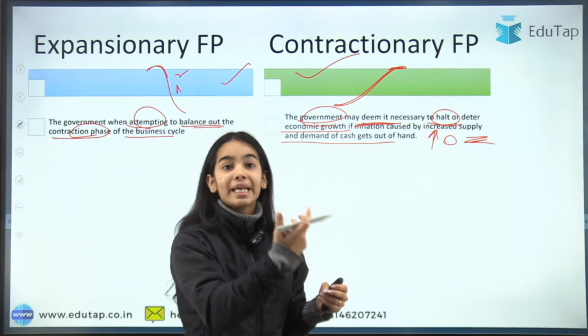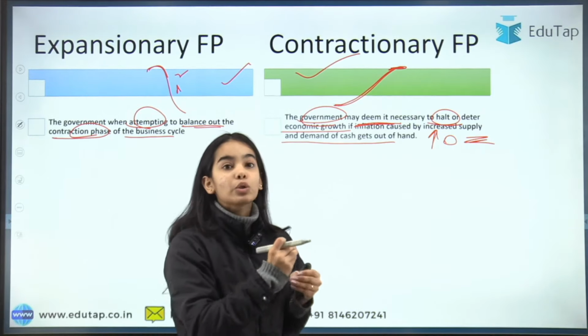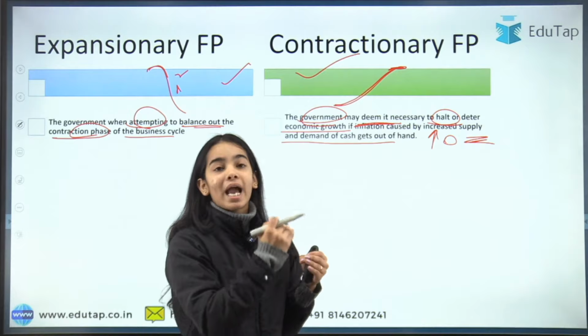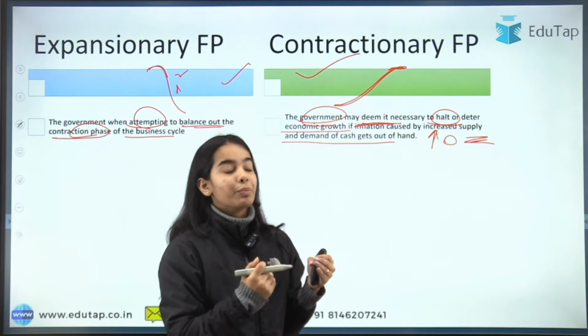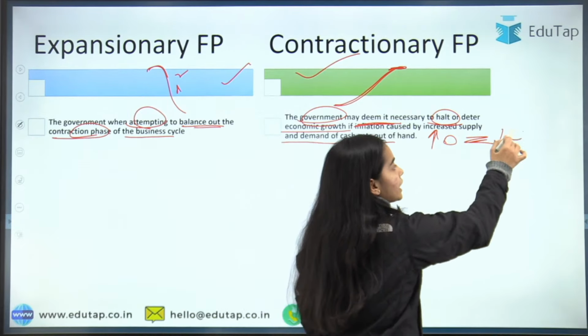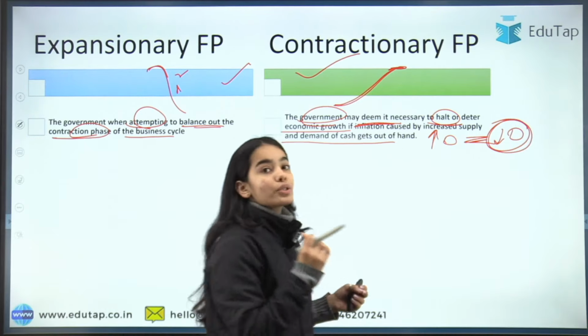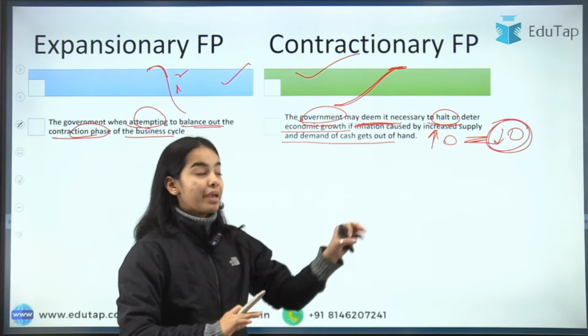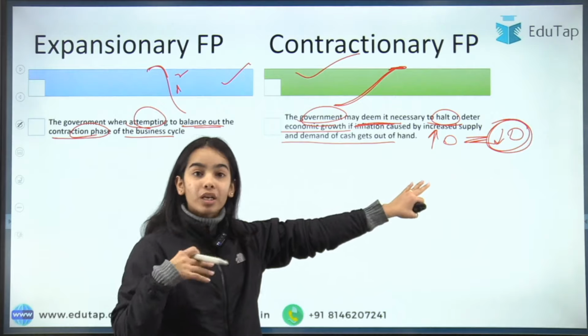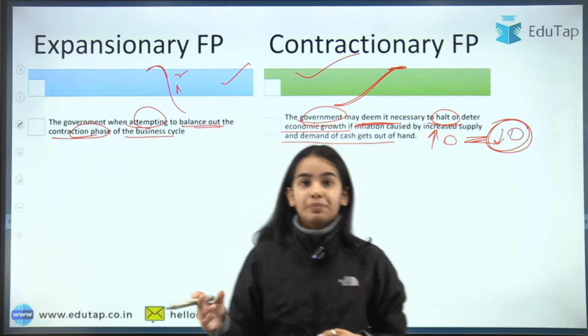So the inflation is rising too much, and we need to reduce the money that the people have, reduce this demand, and reduce this level of growth so that the supply can keep up and the demand can be covered by the supply.